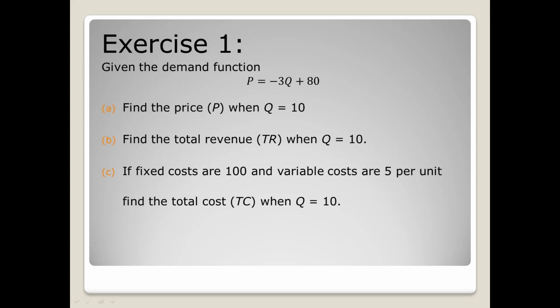We need to find the total revenue when Q equals 10. And in part C, if the fixed costs are 100 and variable costs are 5 per unit, we need to find the total cost TC when Q equals 10. So try to solve this. And you also need to find the profit when Q equals 10.